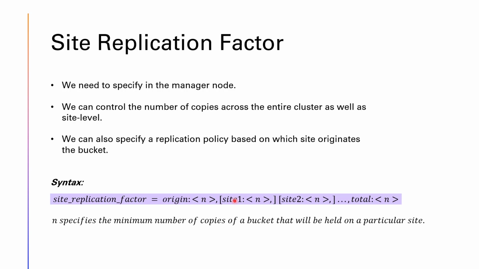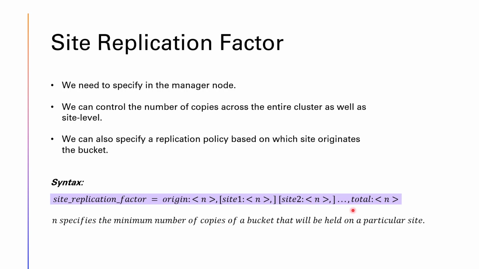For each and every peer, you need to give the site name, right? So that exact site name, you need to use it over here and then tell how many copies it needs to get. Similarly, you can do it for all the sites, and you can even omit a site. Even if you don't explicitly tell the number of buckets, that needs to go to that particular site.